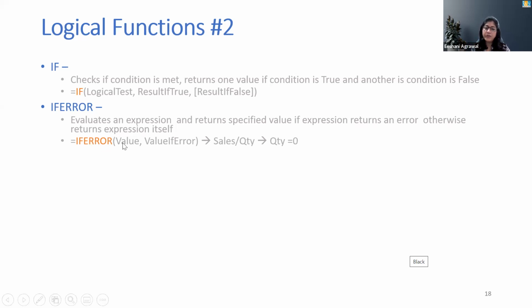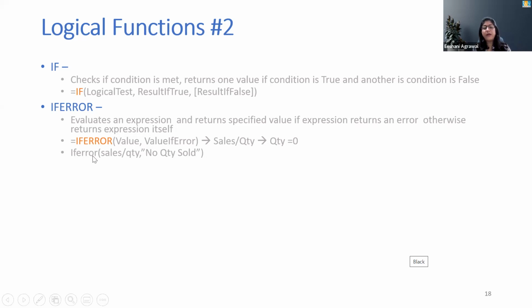We give the value. This value could be an expression, a calculation which will be calculated, and a value if error. In case the value happens to return an error, whatever you write in value if error would be returned. For example, if the value I'm looking at is sales divided by quantity, and quantity is 0, anything divided by 0 will give me an error.